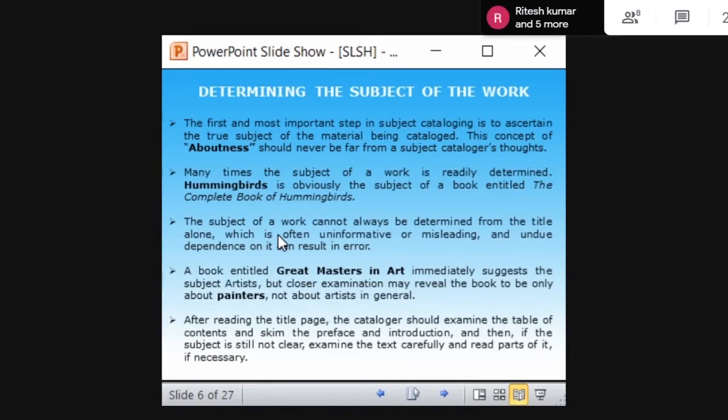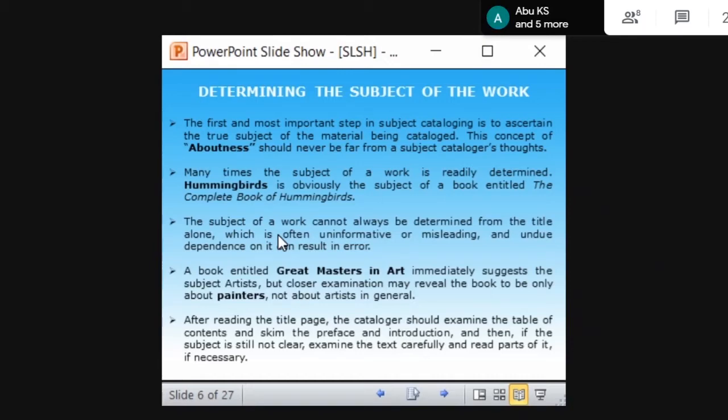The title is clear and concise, and it gives away the subject so easily. But in some cases it will not be like that. From the title alone you cannot determine what the subject is, and if you determine it like that, in some cases it will be misleading.